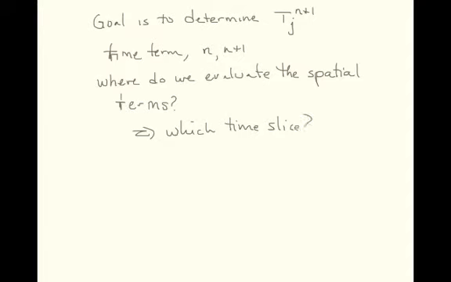So if you think about this, let's set, here are some nodes, and these are different time slices. As I go across, these are each spatial values. But I've got time t equals 0, t equals delta t, t equals 2 delta t, dot, dot, dot.